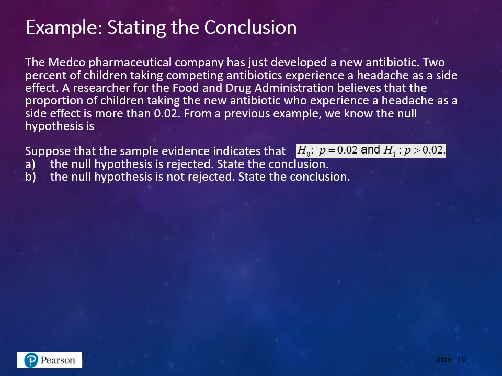From a previous example, we know the null hypothesis is that the percentage of children taking the new medication who get headaches is 2%. The proportion that get headaches will be 0.02. And you can see that here in symbols.